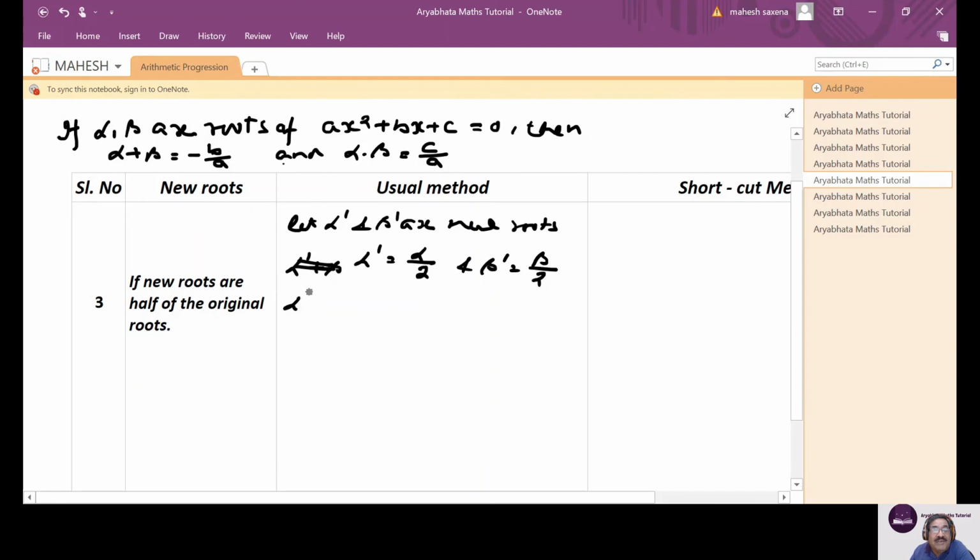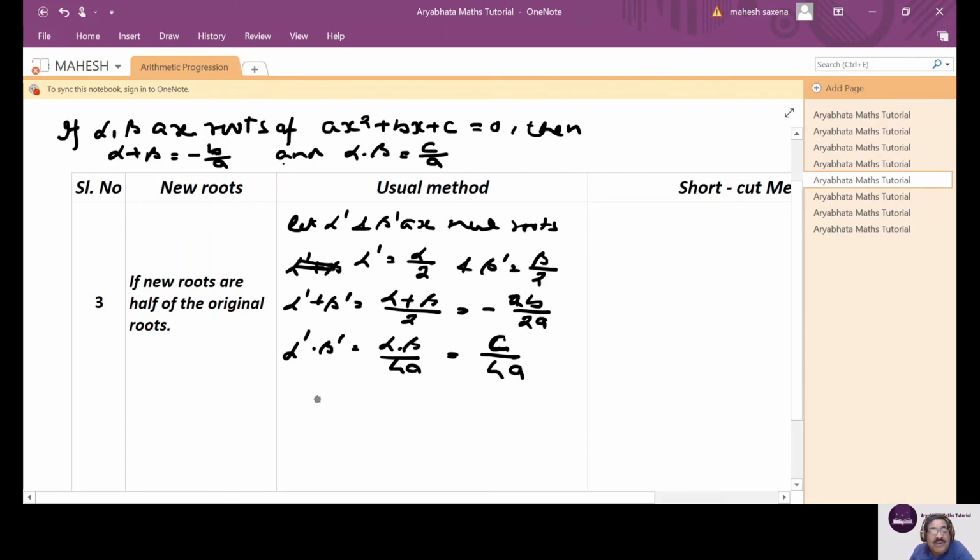Therefore, alpha dash plus beta dash is equal to (alpha plus beta) by 2, that is minus b upon 2a. Alpha dash into beta dash is equal to alpha into beta upon 4, that is c upon 4a.